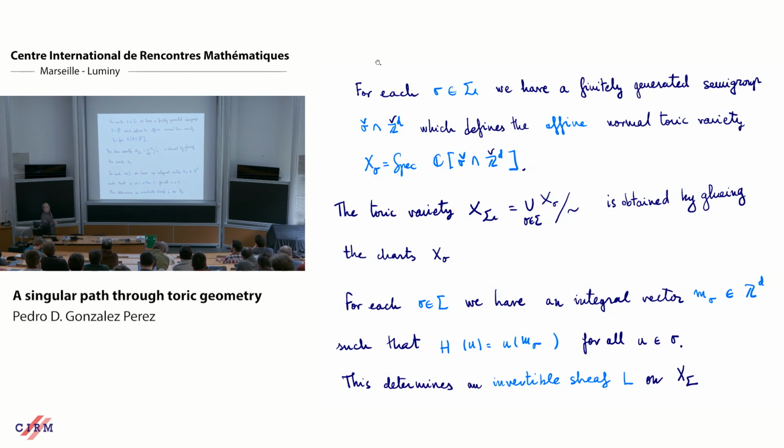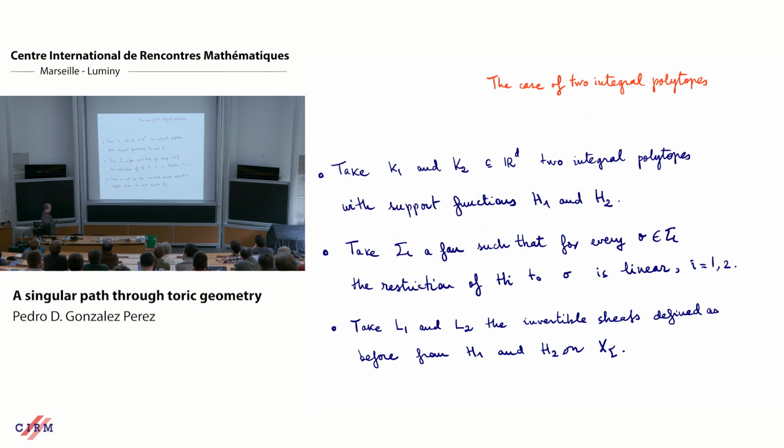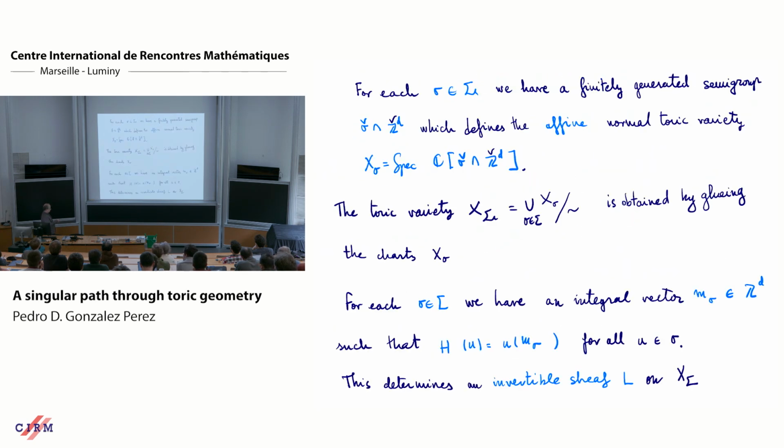Now we are going to see that this toric variety, since it's defined from a polytope, is also equipped with an invertible sheaf. So for each cone sigma, by construction, we have an integral vector m sigma such that the support function is determined by m sigma for all vectors u in sigma.